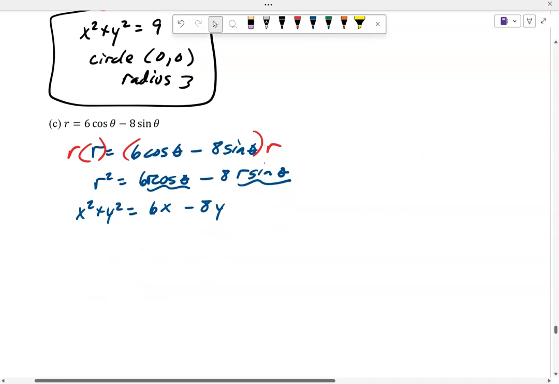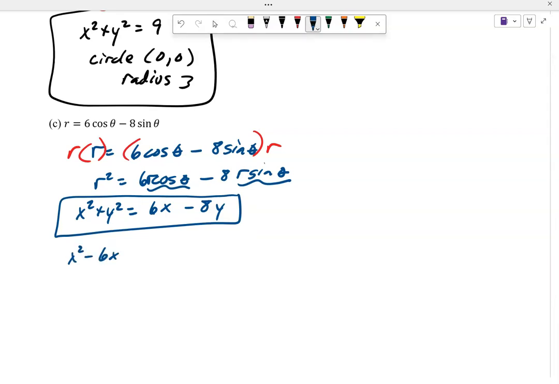And maybe you're not totally sure what that is. This is your rectangular equation. But let me gather all my x's on one side, leave a space, gather all my y's on one side, leave a space, equals 0. And let me complete the square. So I take negative 6 over 2, is negative 3 squared is 9. I've got to add 9 to both sides to make that a perfect square. Here I take 8 over 2 squared, which is 16, to both sides.